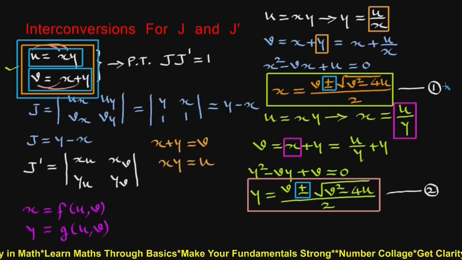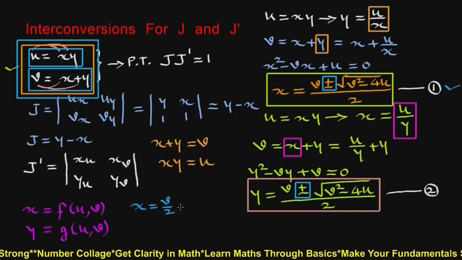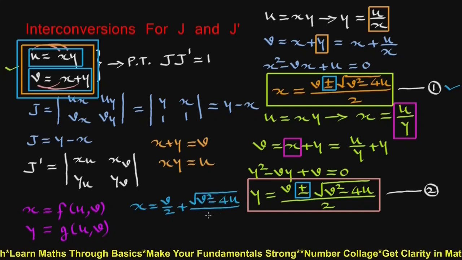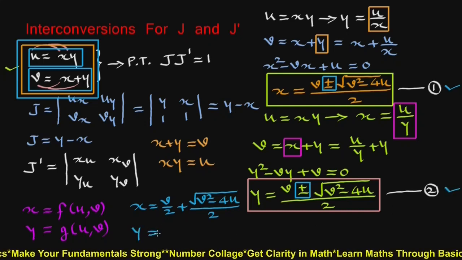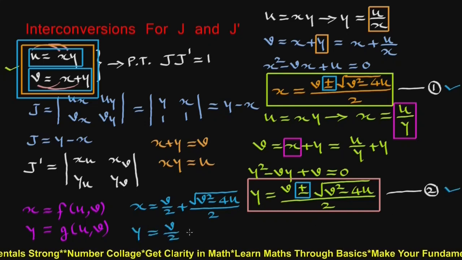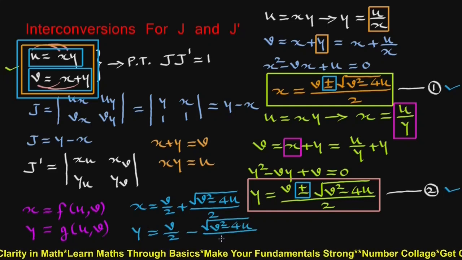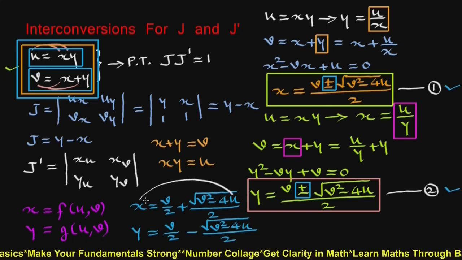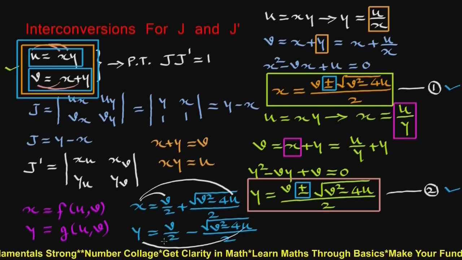So we get from equation 1 x equals v upon 2 plus square root v square minus 4u upon 2, and from equation 2 y equals v upon 2 minus square root v square minus 4u upon 2. Here x is a function of u and v, and y also is a function of u and v.